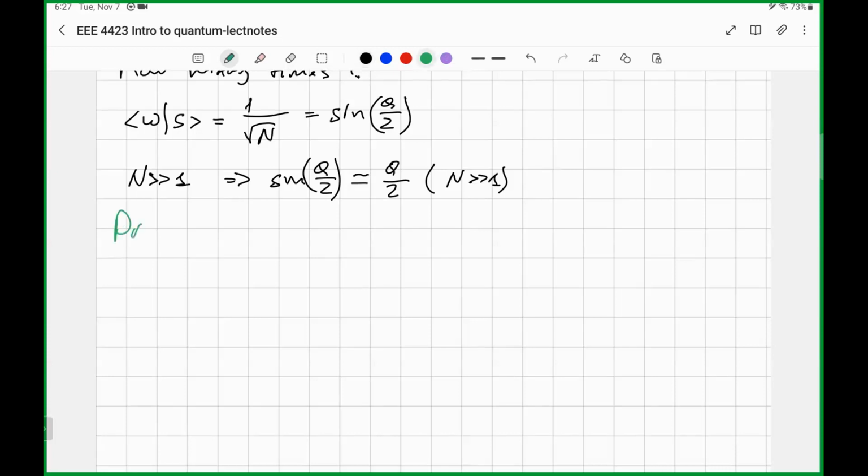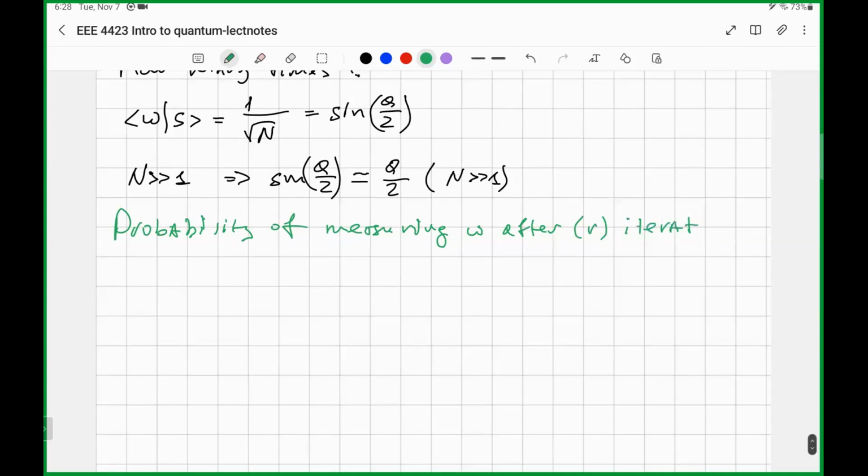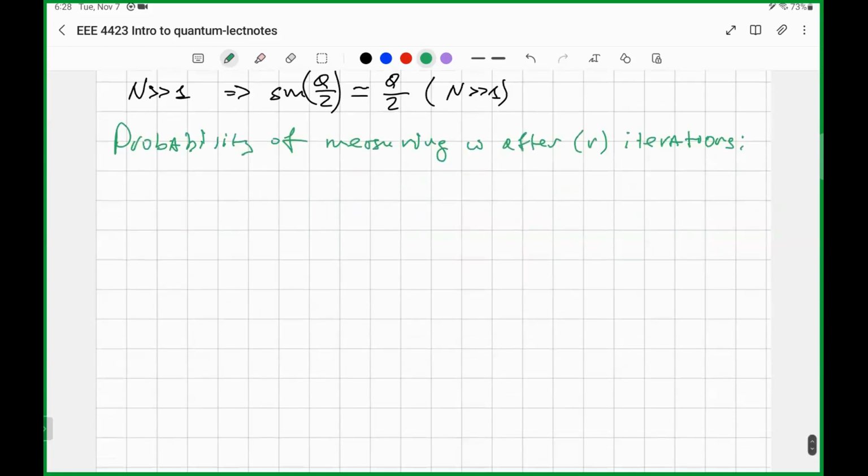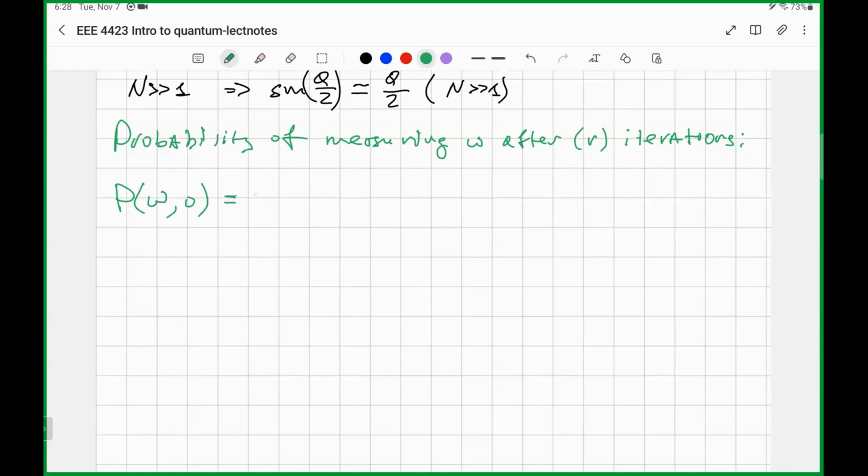For 0 iterations, the probability of measuring omega is just the square modulus of the projection of omega on s.